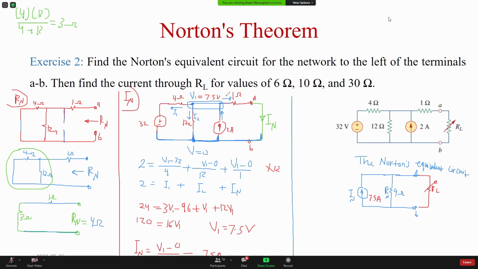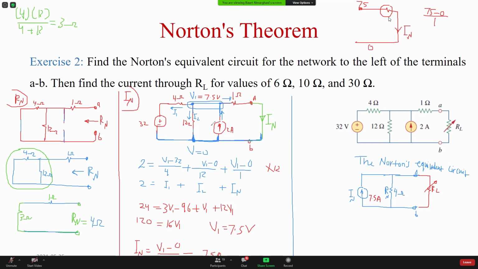The current here in this branch is IN. The voltage at this point is 7.5. The voltage here is 0. Across this resistance, the voltage is 7.5 minus 0. If I divide it by the resistance, it will give me the current going through the resistance. Ohm's law.